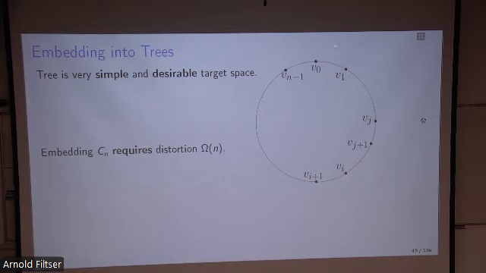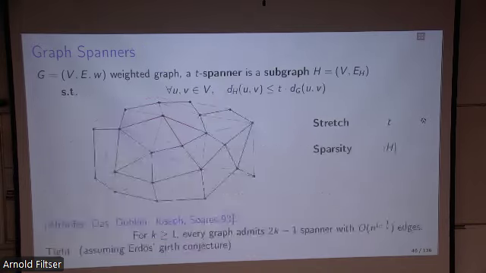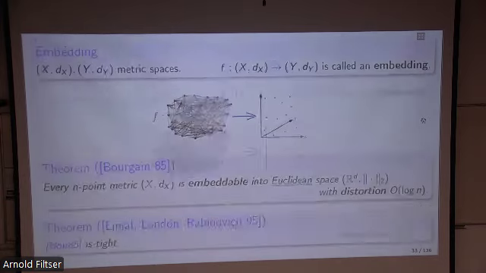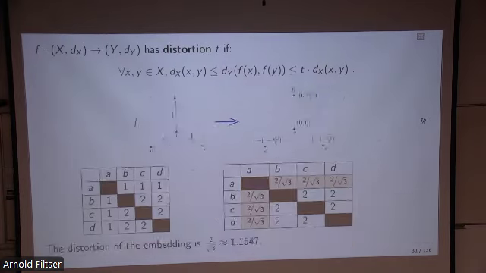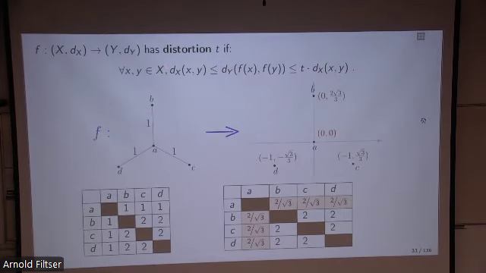I'll go back to this definition here. The distortion is the minimum T such that this inequality holds for every pair of points, so for every two points, the distance will increase by at most a T factor.